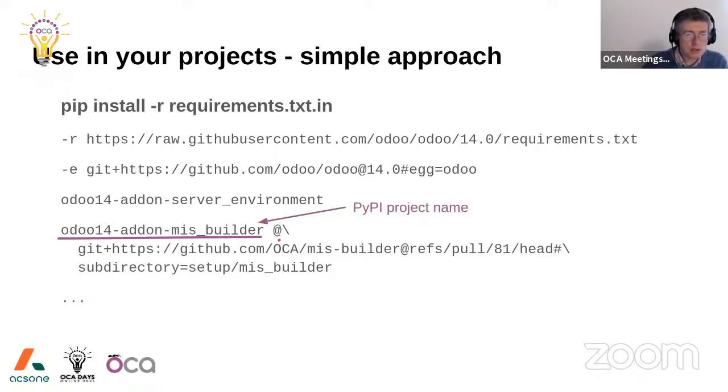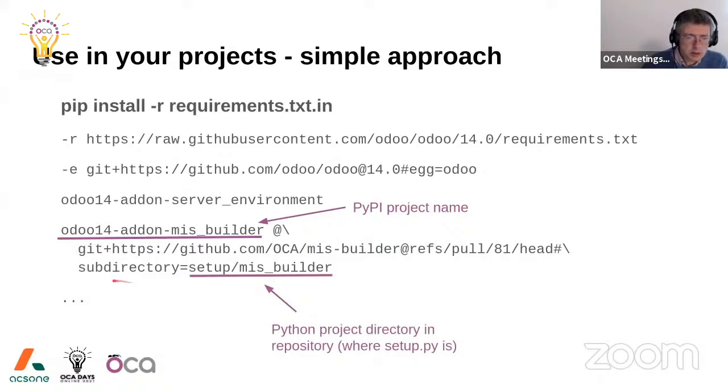Instead, I want to use this Git URL. So you prefix with git+ to tell pip that it's going to be a Git reference. You give the repository link. And then what's also important is that you need to give this subdirectory option to pip to tell it where is the root of the Python project.